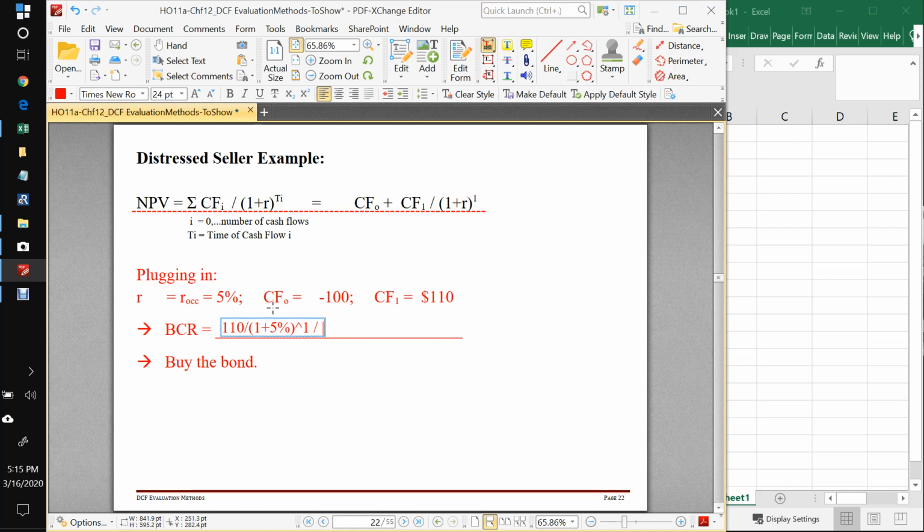I only have one, and it happens at t = 0, so I don't have to worry about discounting it, because it's already sitting at t = 0. And we have something like that, okay? And if you work that out, you should check me on this. Should check me on all of these.